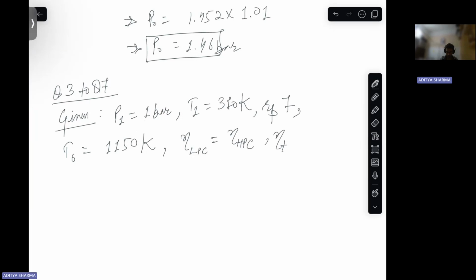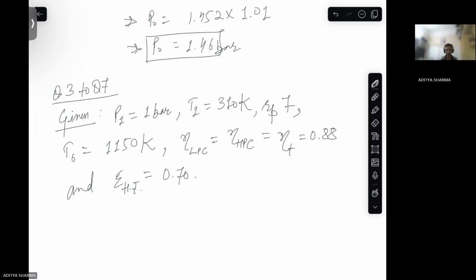And it is equal to the turbine efficiency, this. And at last, epsilon, the effectiveness of the heat exchanger, is 0.70. Then let's draw the diagram.